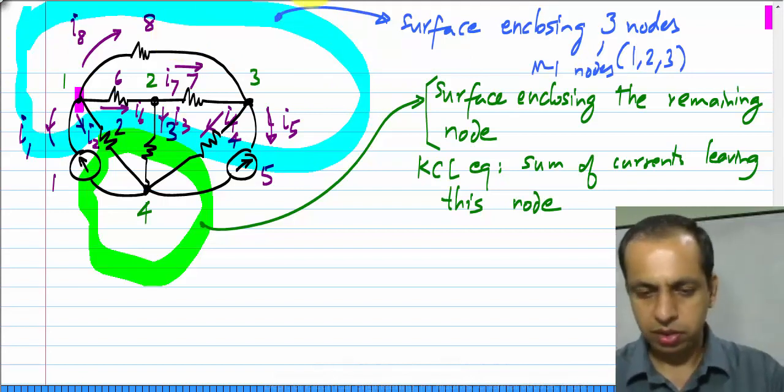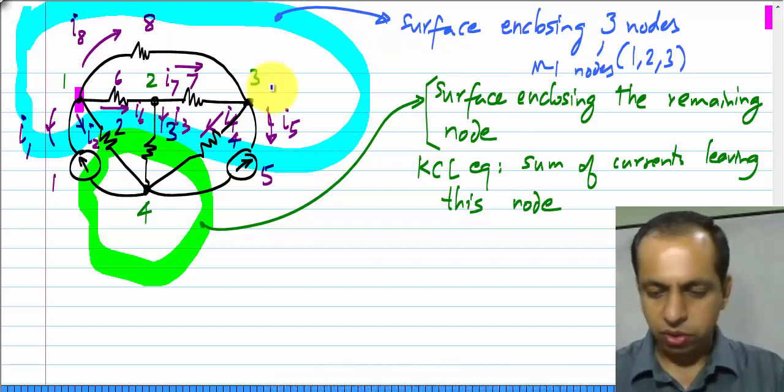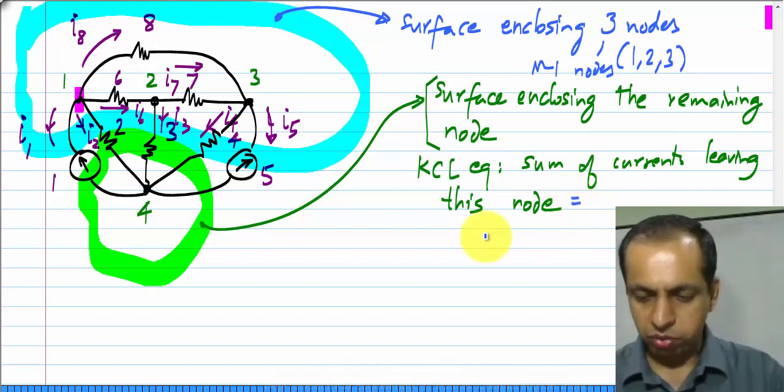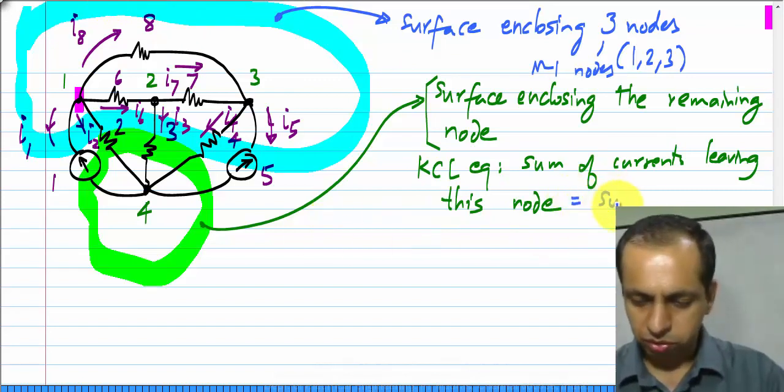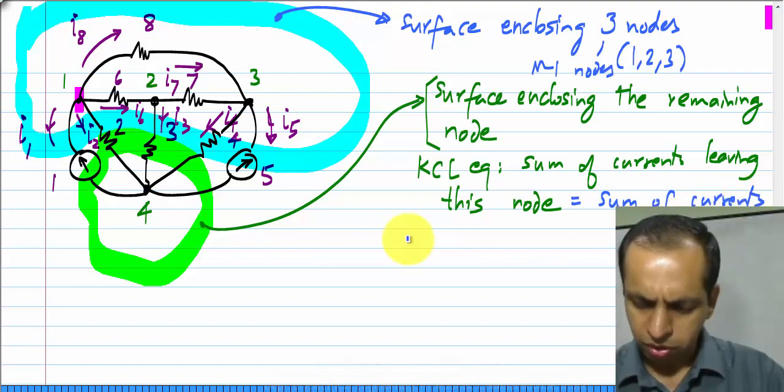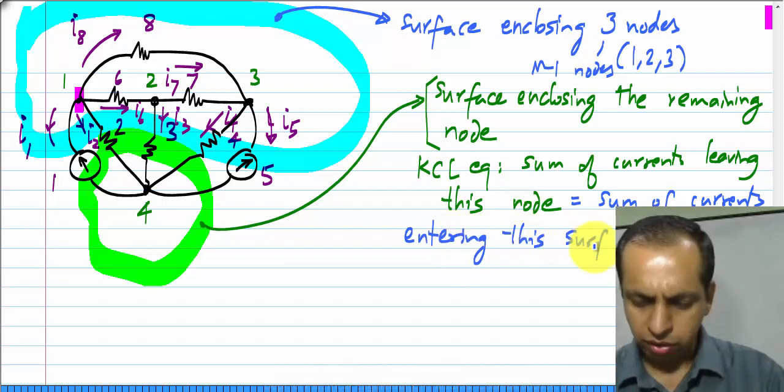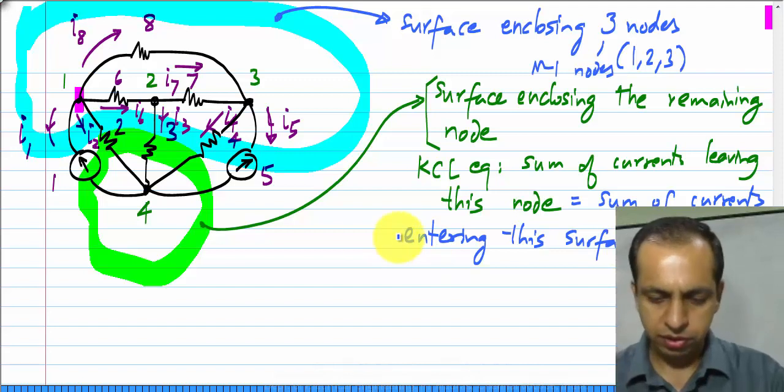So, this also equals the sum of currents entering this surface.